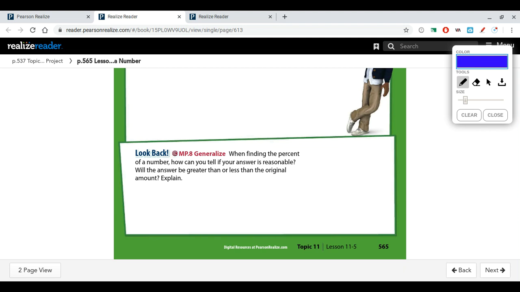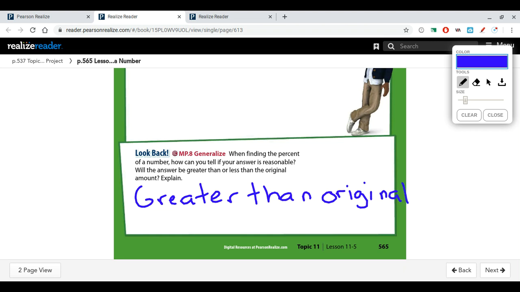But here's how I can tell it's going to be greater than or less than. So the answer is going to be greater than the original amount when the percent is greater than 100. So if the percent is greater than 100, then my answer should be greater than the original amount.